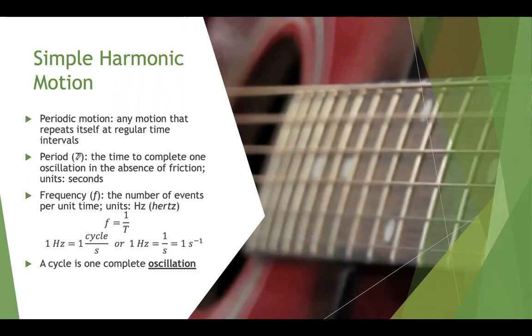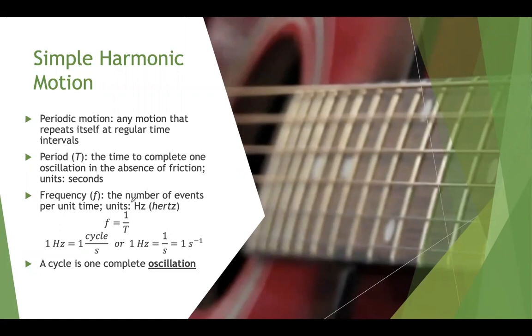And then we have frequency, which is a lowercase f, and that is the number of events per unit time. Okay, and the units of this is hertz, Hz. And 1 hertz is actually 1 cycle per second, or 1/seconds, or 1 second's inverse. Okay. And to relate these two, the frequency is equal to 1 over the period.